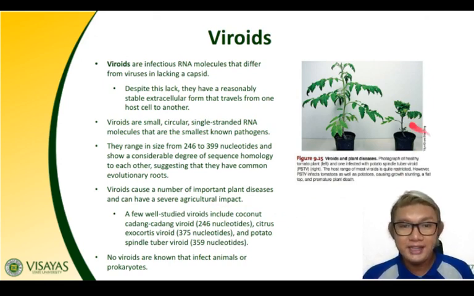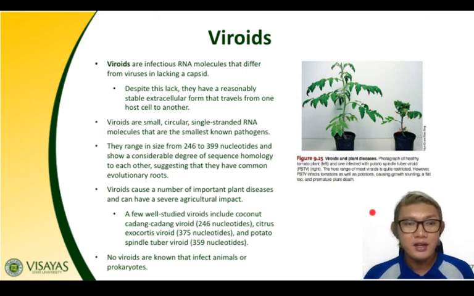If you notice here, this is an example of a tomato plant that is infected with a specific viroid, the PSTV or potato spindle tuber viroid, and this is the normal control one. So you see what happens when this particular viroid has infected the plant.